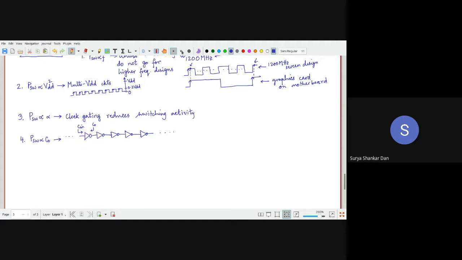If I take 2, 3, 4 same inverters, this is basically called FO4, typical industrial jargon. Whenever you are designing an IC, even an inverter IC, you have to mention in the manual of that IC what is the net effective FO4 delay.